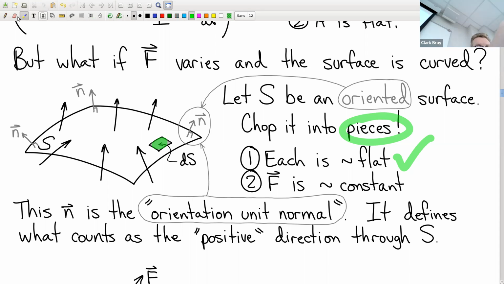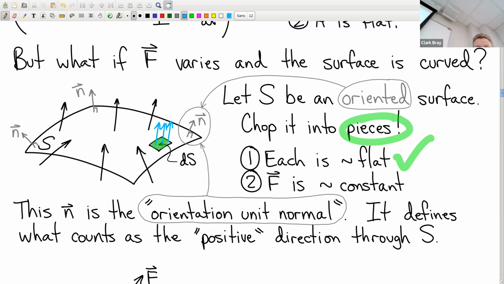On each little piece, now the vector field varies wildly. Let's see here. The vector field is like that there, but it's like this over here, and it's like that over there. I mean, the vector field's wildly not constant, but on a given piece, if I focus my attention on just this one little piece, there's not enough distance between, everything's so close together that the field doesn't have time to change very much.